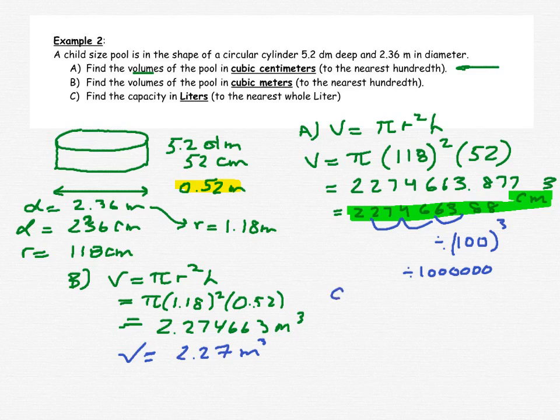And the last question here is asking you for the liters. I'm going to give you a new conversion factor, which you must memorize. And that is, there's 1,000 cubic centimeters in 1 liter. So to convert into liters in part C, you would look at your answer for cubic centimeters for part A, and you would divide it by 1,000.